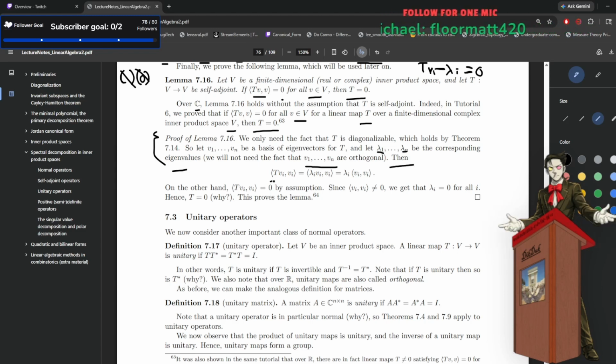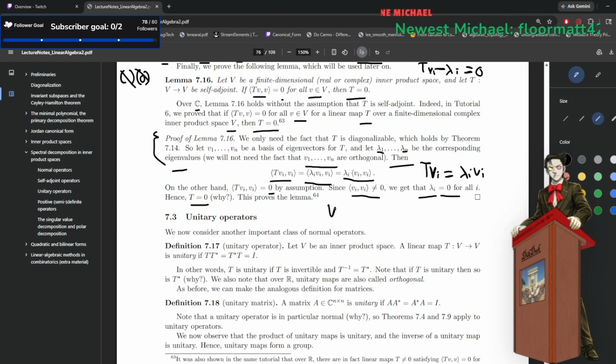Then, the inner product of T(vi) with vi is lambda i times the inner product of vi with vi, when you pull out lambda i. On the other hand, the inner product of T(vi) with vi is equal to 0 by assumption. Since the inner product of vi with vi is not 0, it has to be that lambda i is 0 for all i. Hence, T is equal to 0, because T(vi) is equal to lambda i vi.